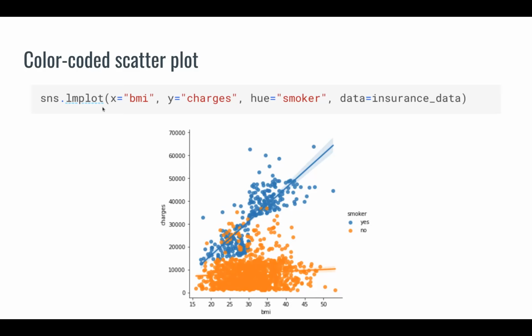So we can do lmplot and then specify x and y, and we can set hue as smoker and provide data. After you make this, you will see that the regression line for smokers has a much steeper slope relative to the line for non-smokers.